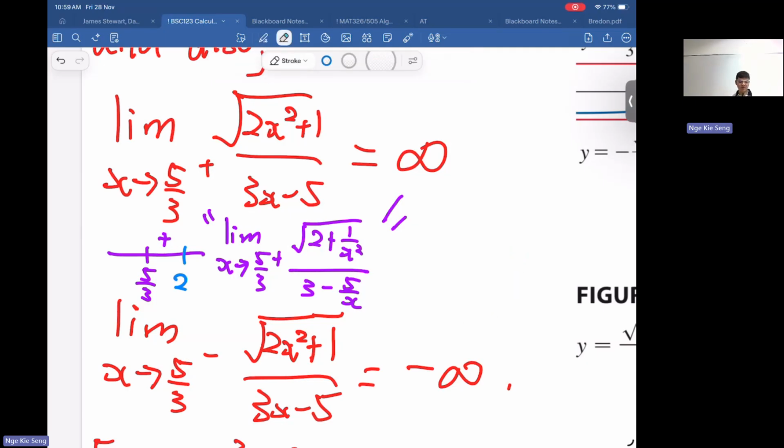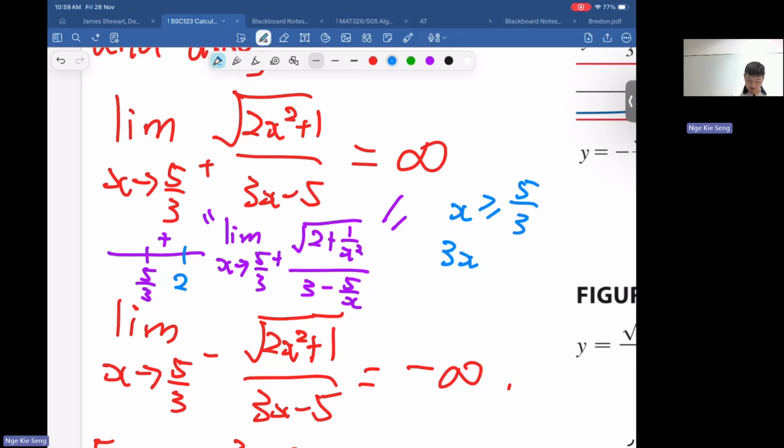Let me see if it is correct. You're approaching from the right-hand side. If x is greater or equal to 5/3, then 3x minus 5 is greater or equal to 0.